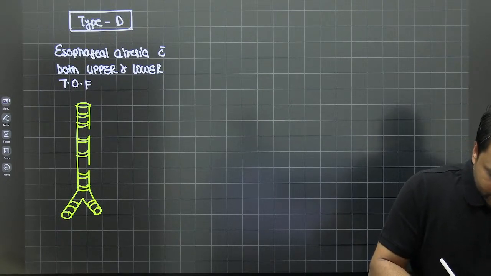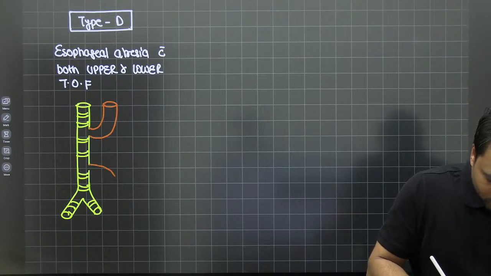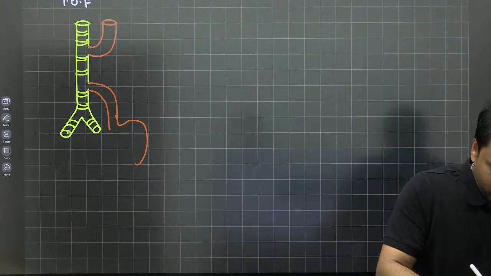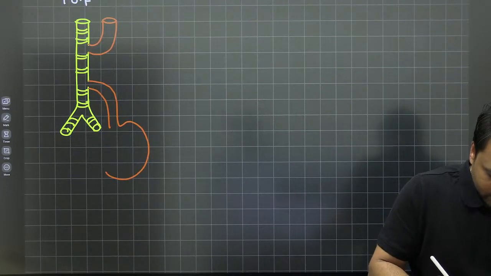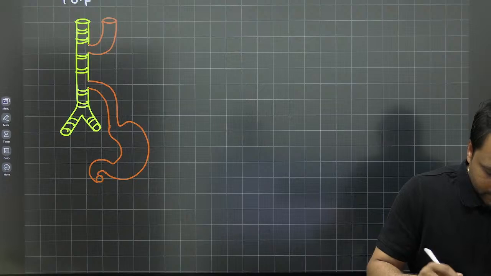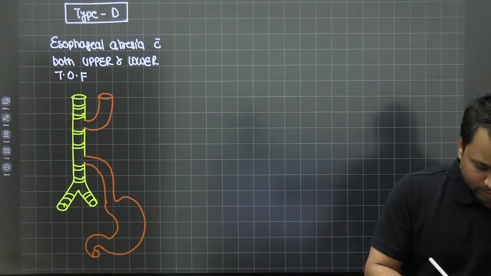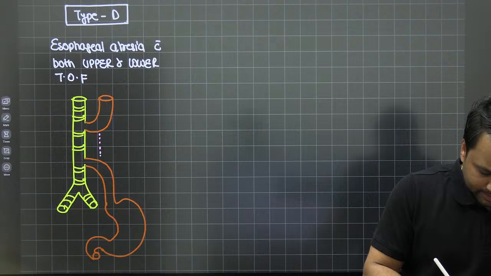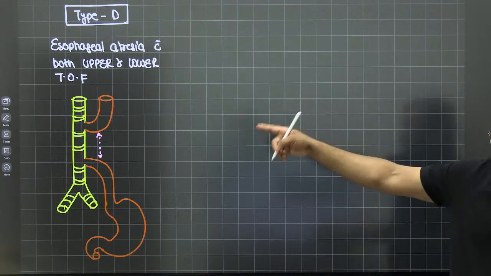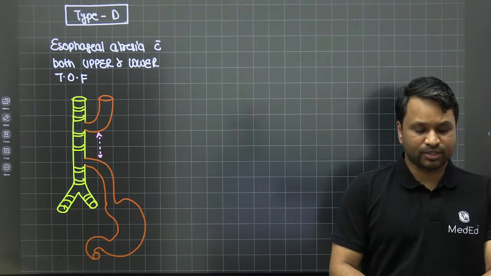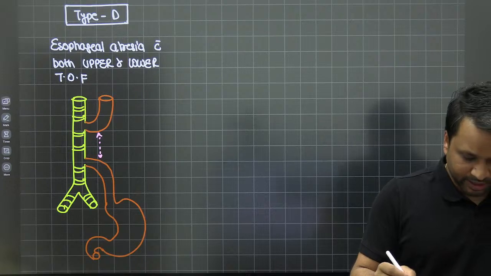Next you see the upper communicating fistula is here, the lower communicating fistula is going to be here, and this is going to be in continuity with that of the stomach. So as you can see, the atresia is maintained, and both upper and lower communicating fistulas are formed. That is a type D variety.